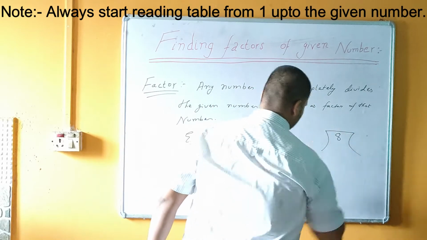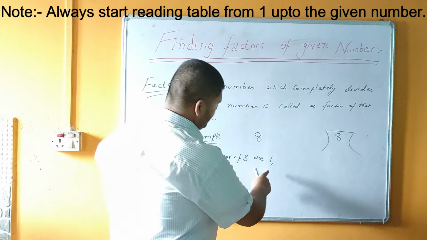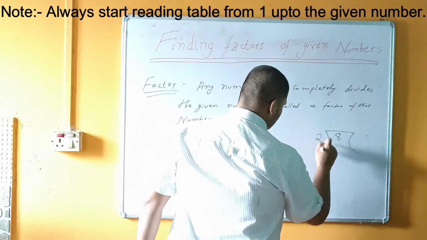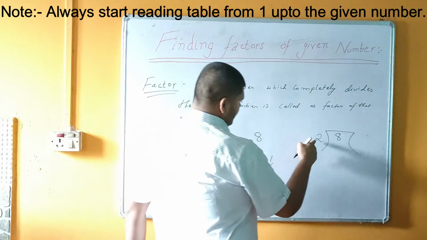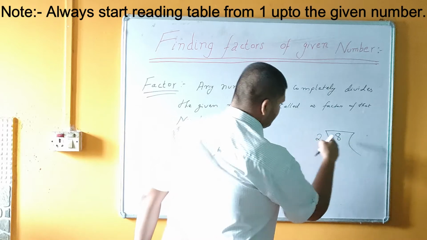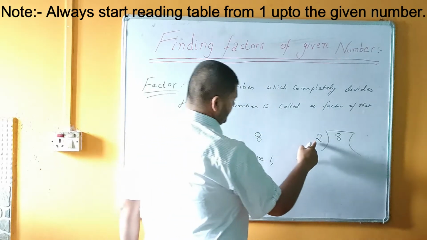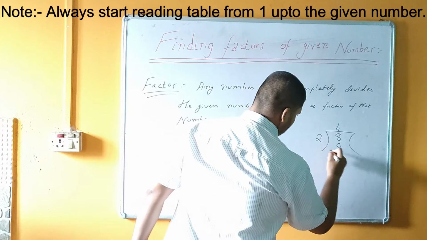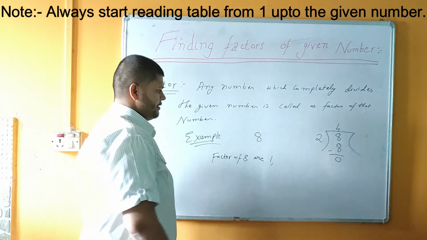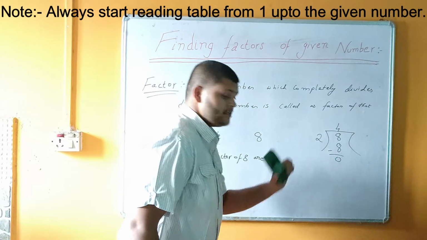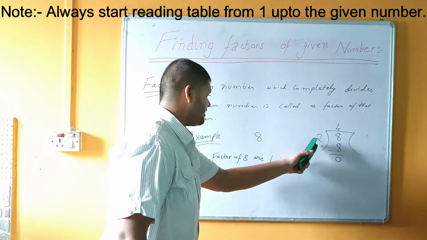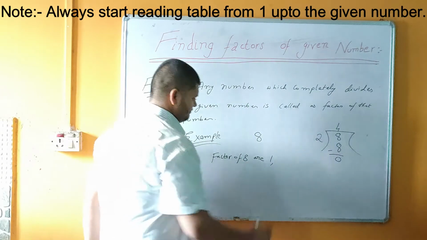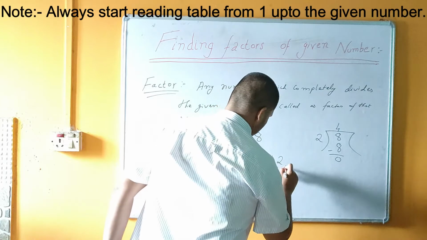Here you have to take 8 and 1 is already over, so we will go for 2. In the table of 2 you have to see whether 8 is coming or not. Yes, in the table of 2, 4 times is 8. That means remainder is 0. When the remainder is 0, then only we can say that this number 2 is the factor of 8.